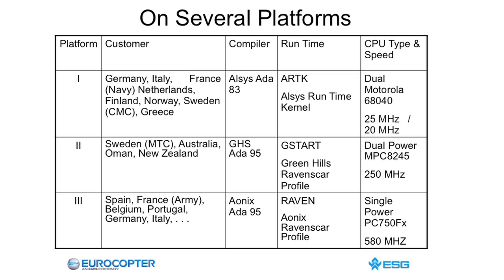You see the platforms were also attributed to certain customers. And you see also the implementation technology changed. We started with ADA83, and the main code base we have is in ADA83. And there were customers demanding ADA95, but there are no later ADA versions in the project.